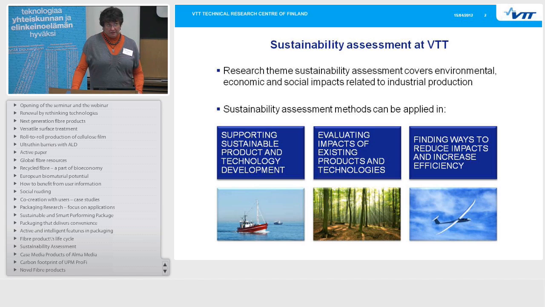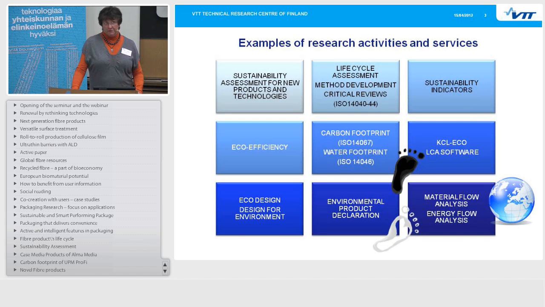But mostly and quite commonly used is to make life cycle assessment for a product. That means that we are making calculations for the whole product value chain with the energy production, emissions and raw material use and so on.